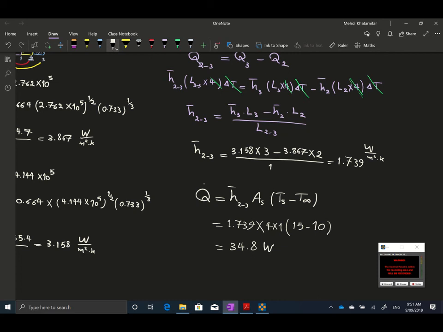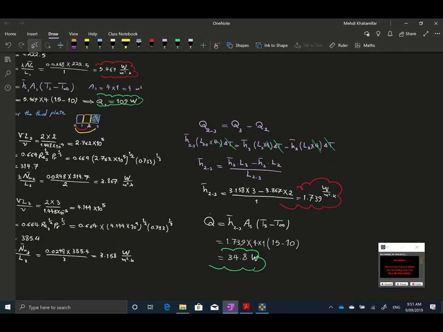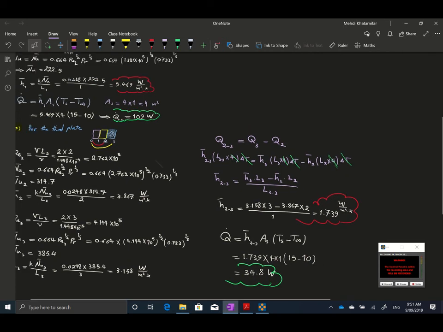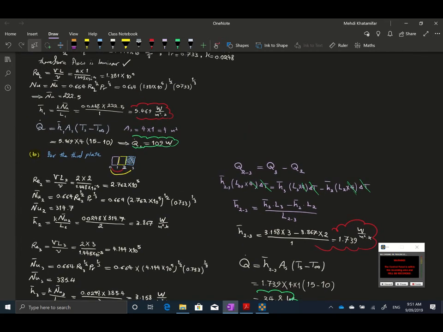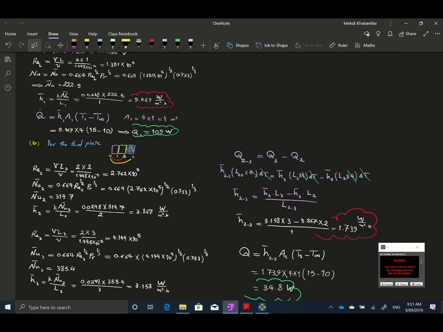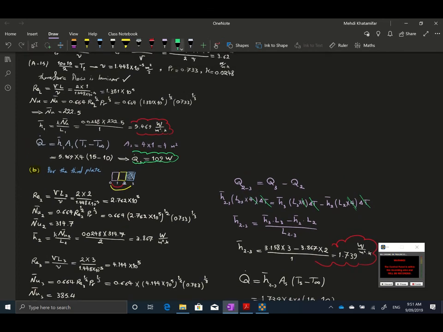Okay, this is our H, this is our Q dot. So let's see, our Q dot is 34 watt for the plate number 3. For plate number 1 was 109.